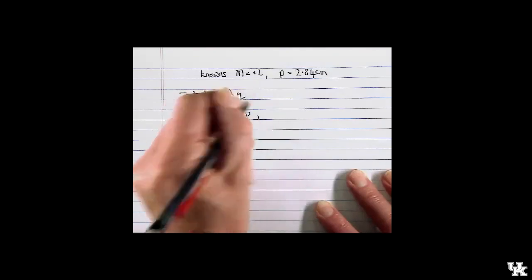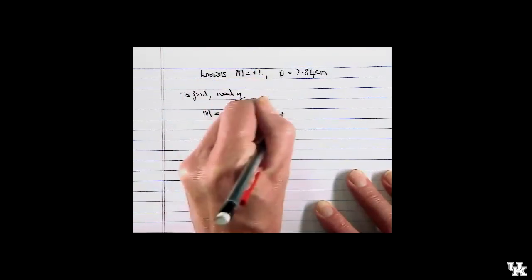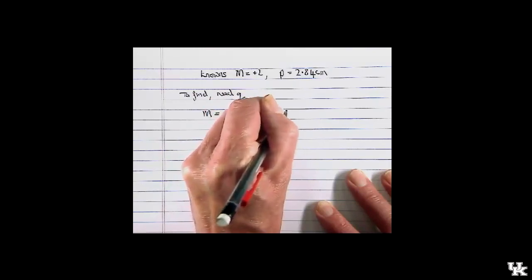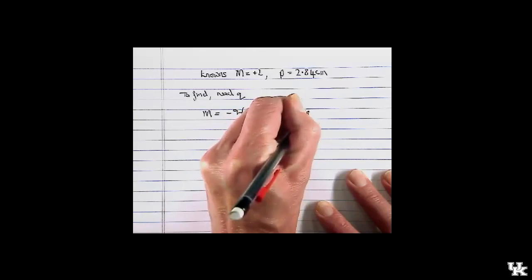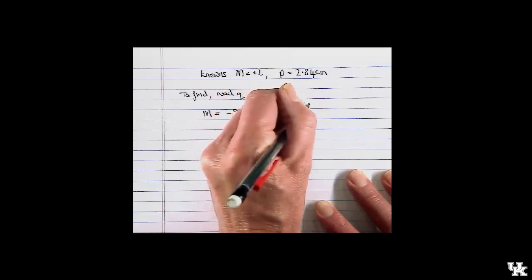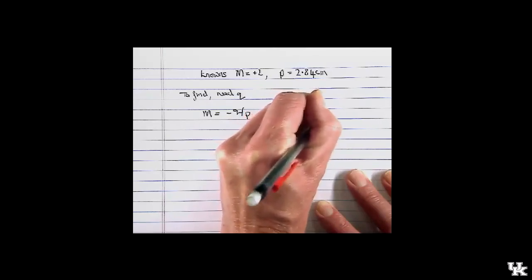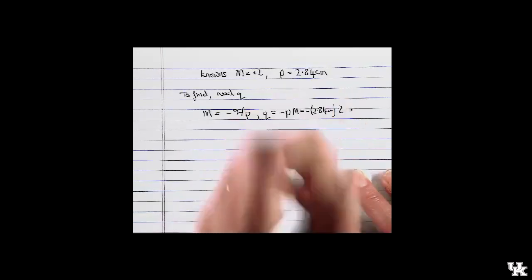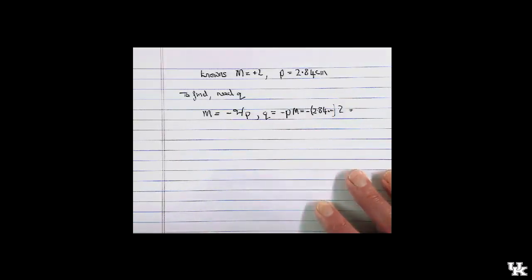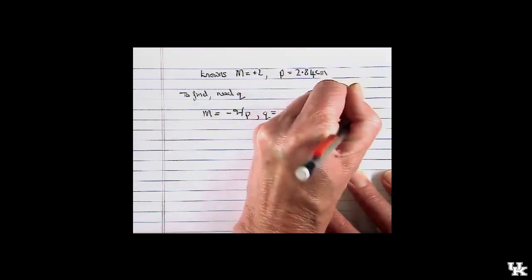Or I could rearrange that: q, the image position, is minus p times m. And I know p and m: 2.84 centimeters and 2. If I multiply 2.84 times 2, and I get a minus sign in there, I'm going to get minus 5.68.